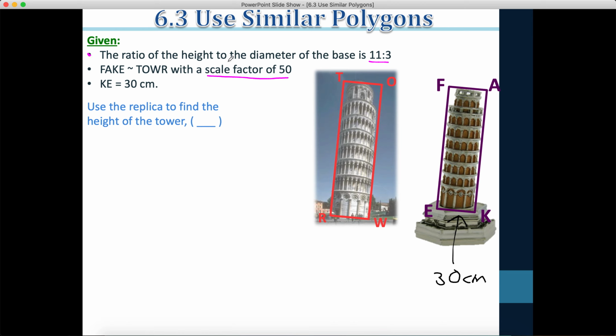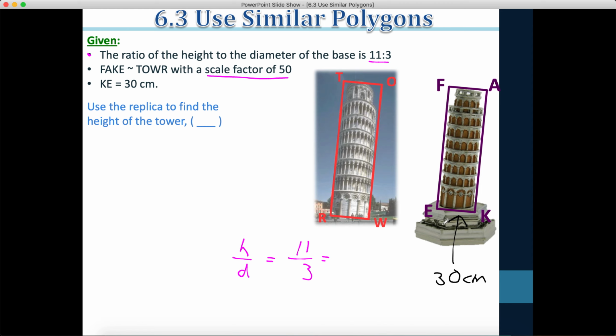The ratio of the height to the diameter of the base is 11 to 3. So since they're similar, if I know that that applies to the real deal, I know that it's also going to apply to the fake model, the small one, the figurine. So let me say it like this: height to diameter, that ratio is 11 to 3.